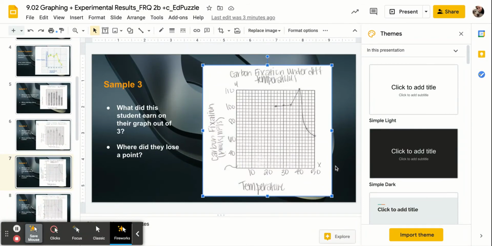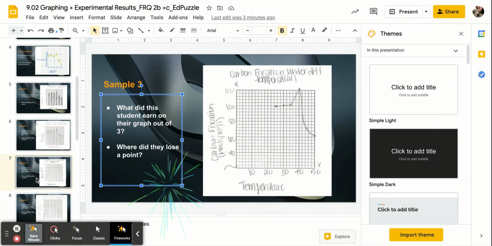And even though this is a little off in terms of the scale, they do have their temperatures here, which is great. On your x-axis, you can actually start wherever it starts. So at 25, I believe it was, you can just start there. And the error bars were not there, so they earned a 1 out of 3.